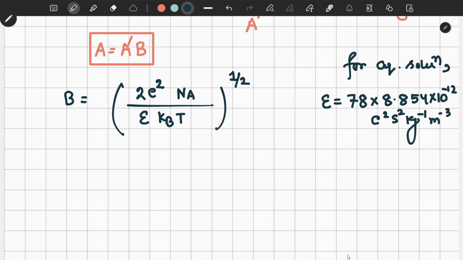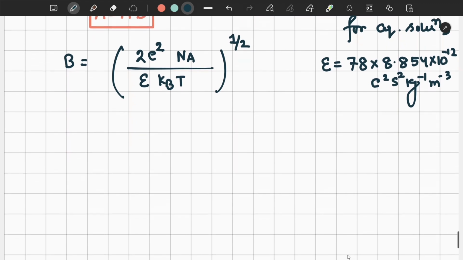7.08 into 10 to the power minus 10. If you multiply it, that we'll do later because there are other factors as well. So it is 2 into e square. What is e? e is not the exponential.